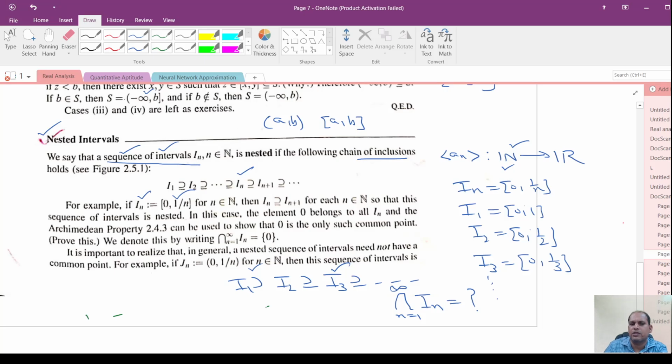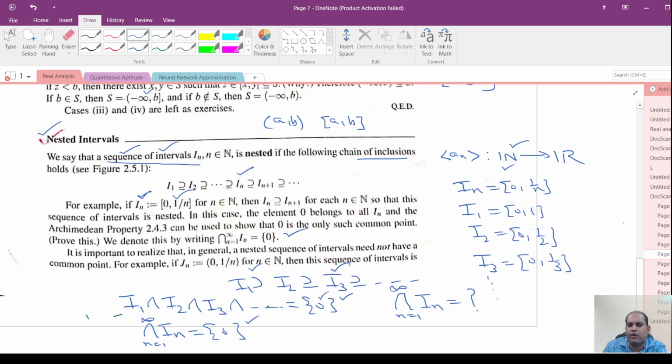But before going to this, if we consider I n equal to 0 to 1 by n, and take the intersection of I1, I2, I3 and so on, we will see that there is exactly one element common to all the intervals, that is 0. We can write it as the intersection from n equal to 1 to infinity of I n equal to the singleton 0.